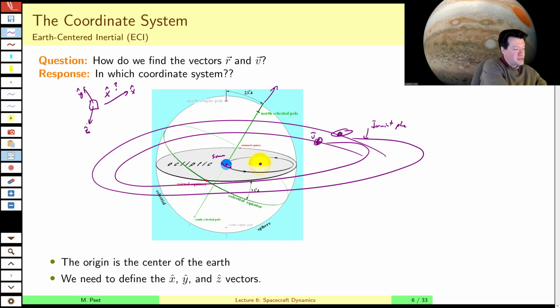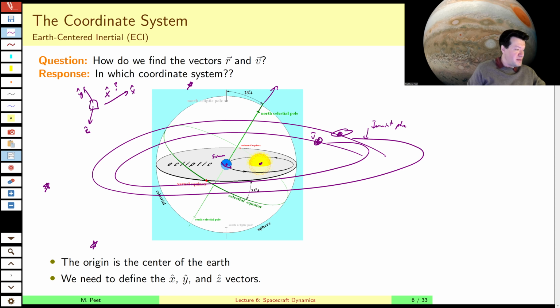So imagine you're this spacecraft and you're looking out into space and you're trying to orient yourself, and you see the Earth, you see the sun, and you see a couple stars floating around here. And which way is x hat? Well, that's very confusing. I mean, imagine if you didn't have any planets or sun at all.